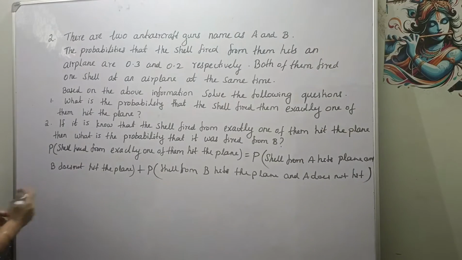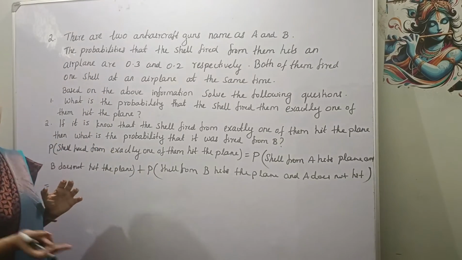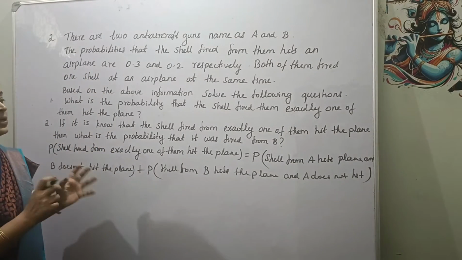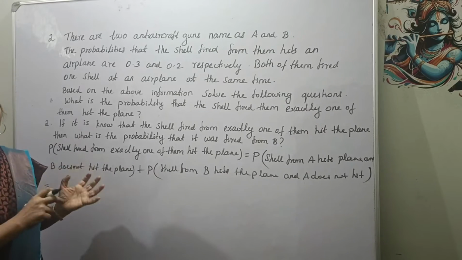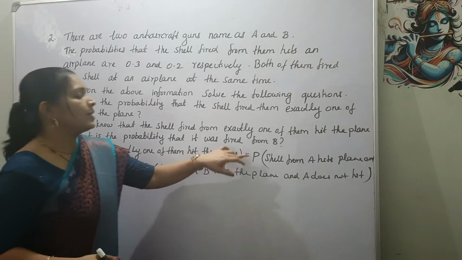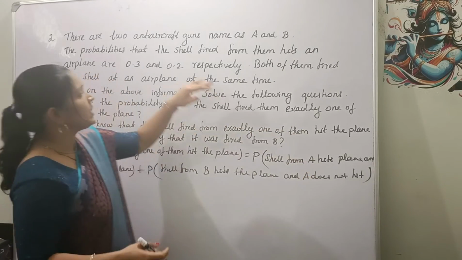Okay, so here, probability of shell from A hits the plane and B does not. That is the multiplication theorem, right? Probability of A intersection B is probability of A into probability of B. Probability of shell from A hits the plane, it is given.